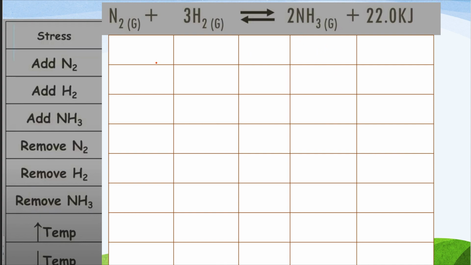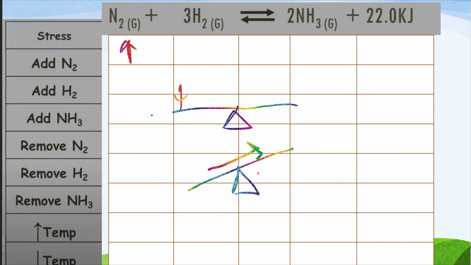But if it was in a closed system and we were to add nitrogen, think of a seesaw. We started off with a seesaw at equilibrium, and then we added stuff on this side, so it just gets heavier. In order for it to balance again, we have to shift our weight over to the other side. So think about that.